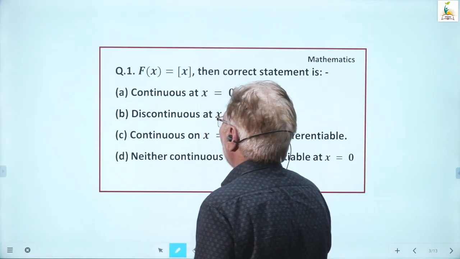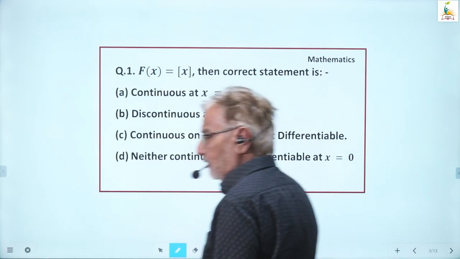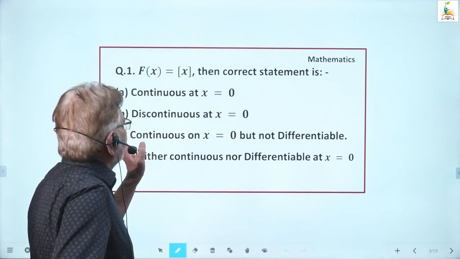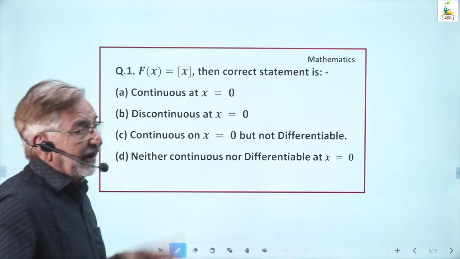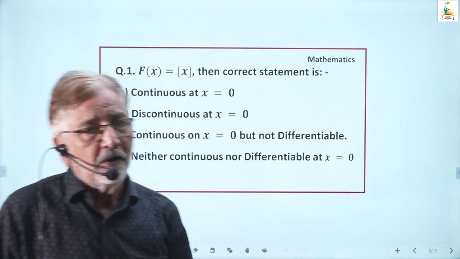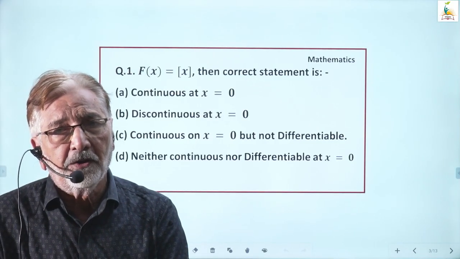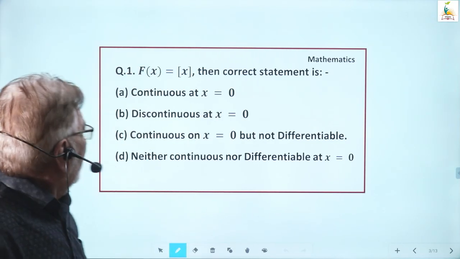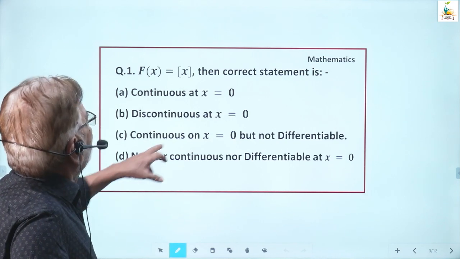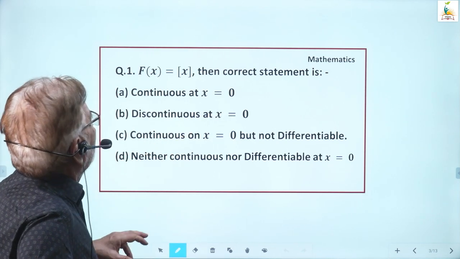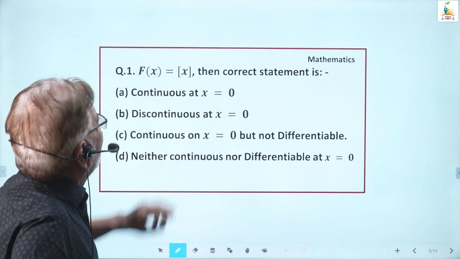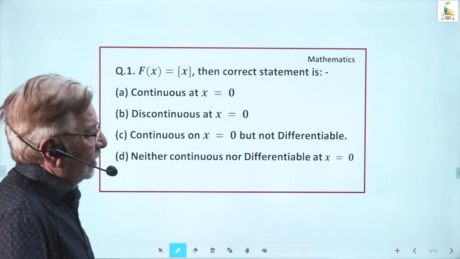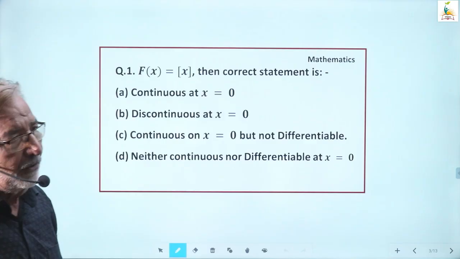What is telling: f(x) equal to greatest integer x, then the correct statement is this, where this is the greatest integer function. So naturally you have to go through the video on step functions. The options are: continuous at x equal to 0, discontinuous at x equal to 0, continuous at x equal to 0 but not differentiable, neither continuous nor differentiable at x equal to 0.